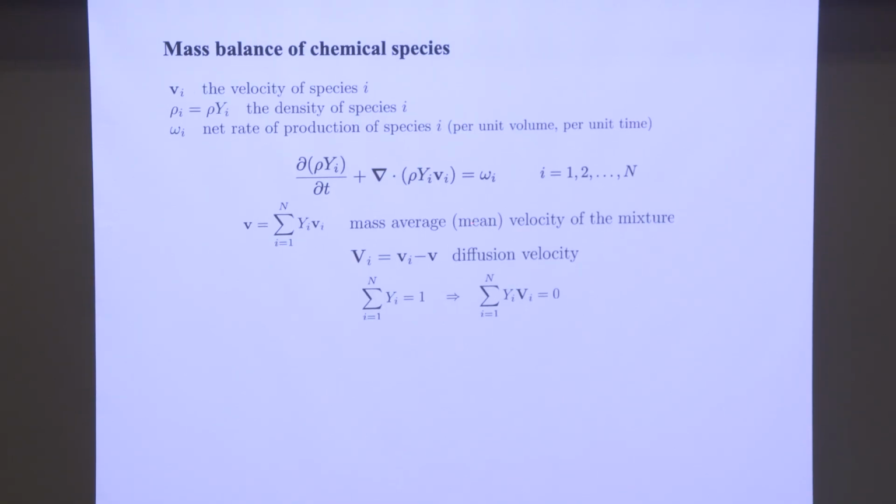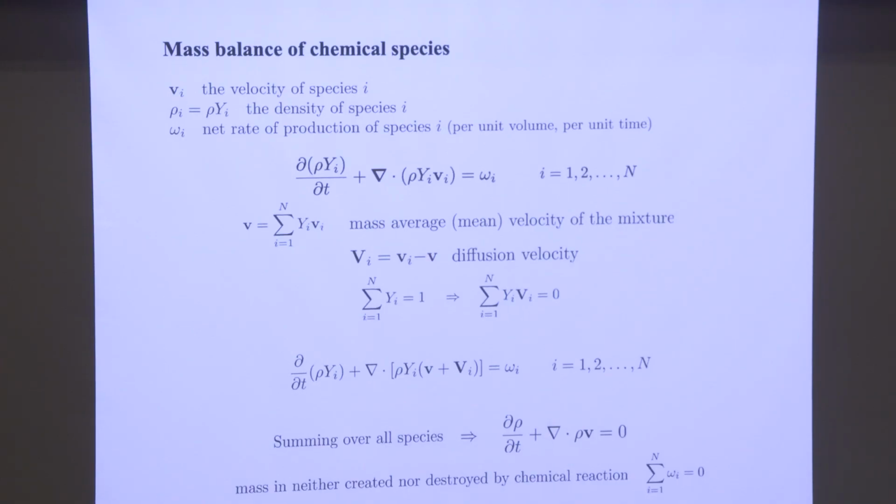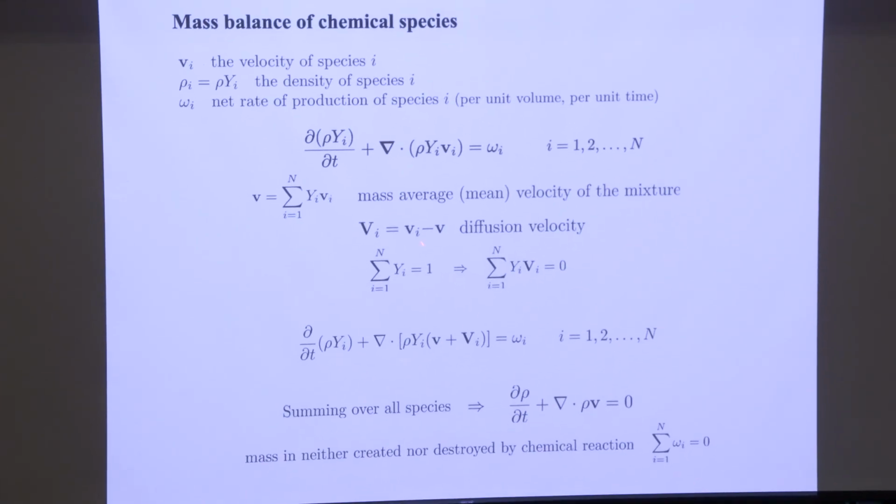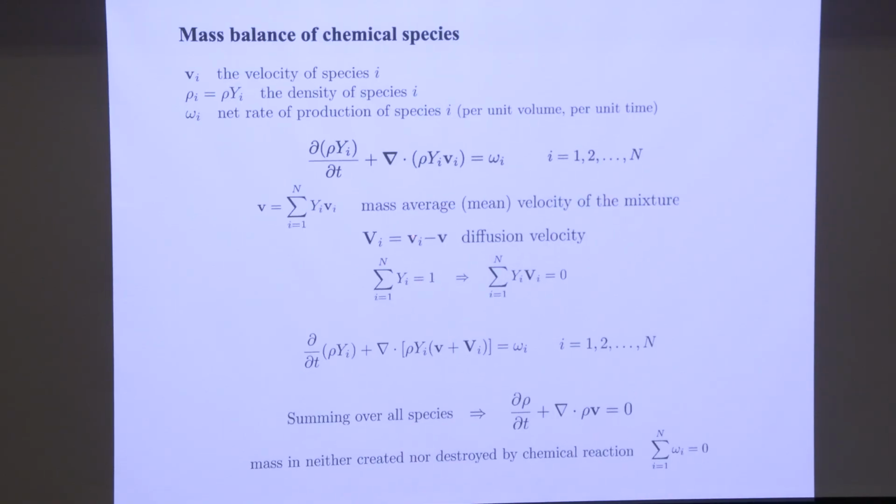It's essentially the mean velocity of the mixture. When we use the diffusion velocity to replace the specific velocity v_i, the equation can be written as shown here. It's essentially recasting this using the fact that v_i is v plus V_i.